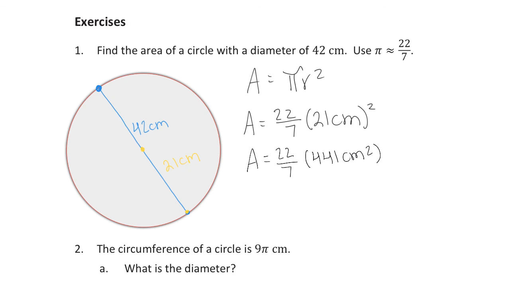Now we're going to go ahead and multiply these. So now I have 22 times 441, which is going to give us 9,702 over 7. Go ahead and solve this problem on your calculator.